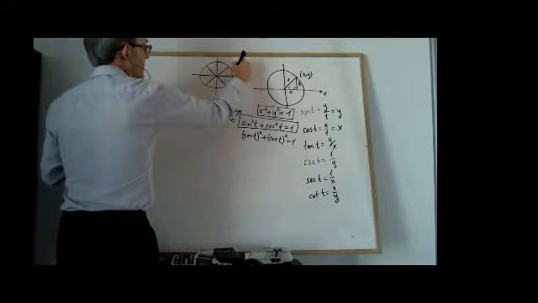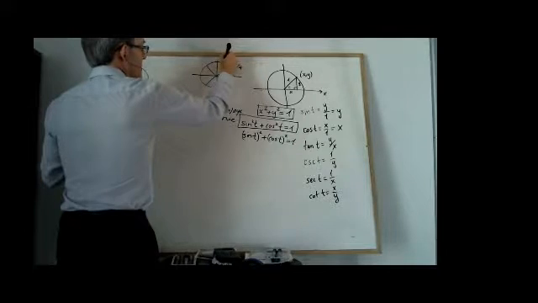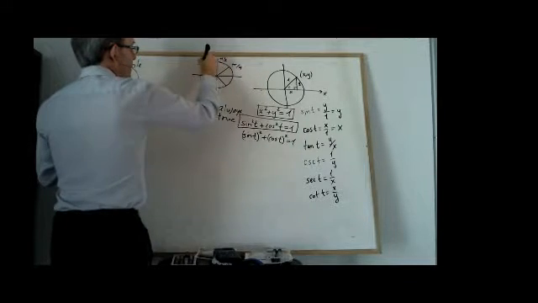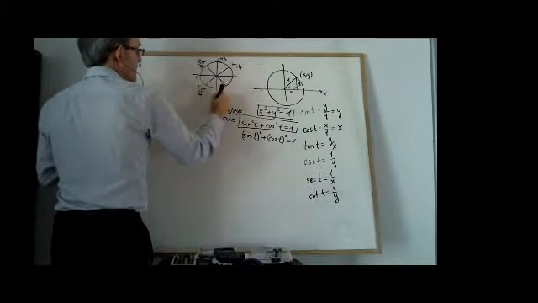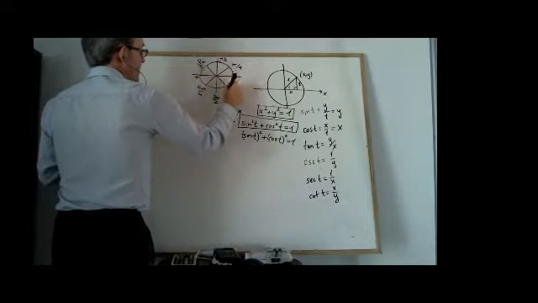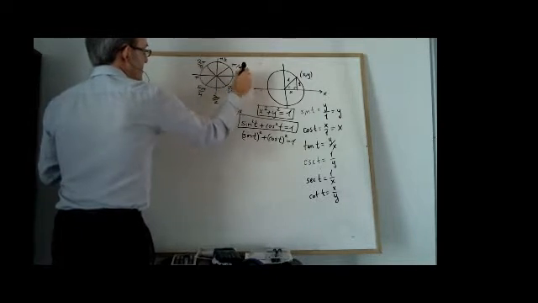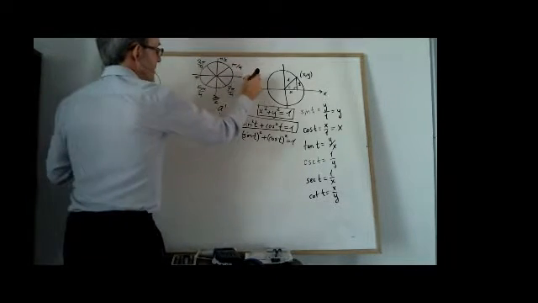So this is going to be pi over 4, pi over 2, 3 pi over 4, pi, 5 pi over 4, 3 pi over 2, 7 pi over 4, and then 0 or 2 pi.